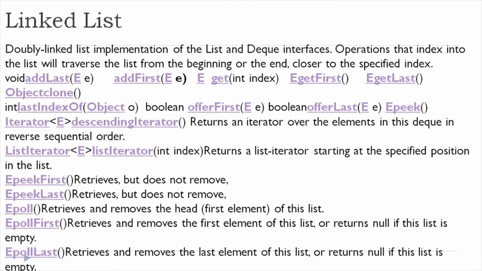Another one is linked list. This is a doubly linked list, the implementation of the list and deque interface. Operations that index into the list will traverse the list from the beginning or the end. So this is the added advantage of a linked list, that it can be traversed from both ends, and it has a pointer, you may say, that points to the next element, or we can go back to the previous element too.